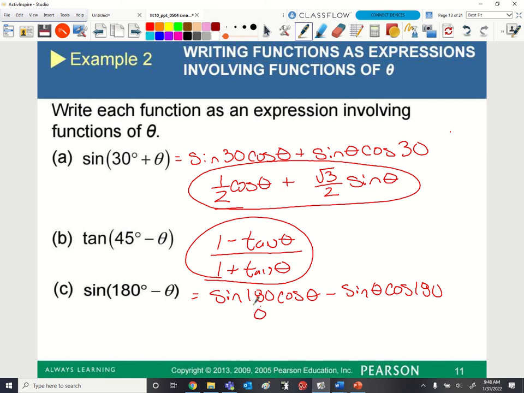So this is 0 times cosine of theta minus cosine at 180, which is -1, times sine of theta.